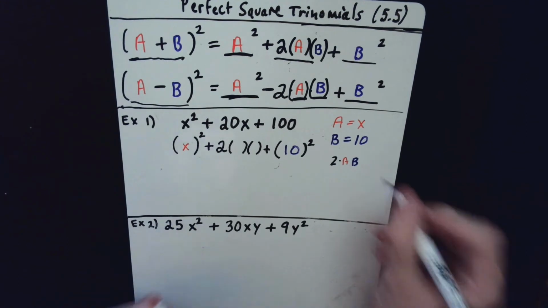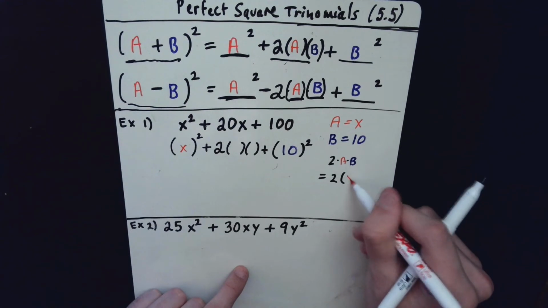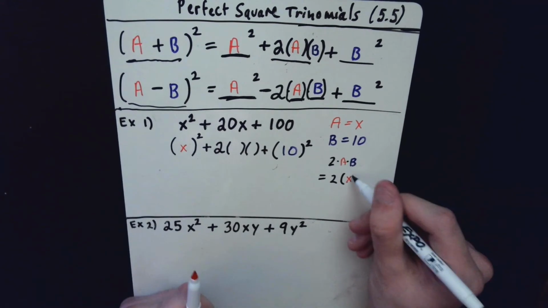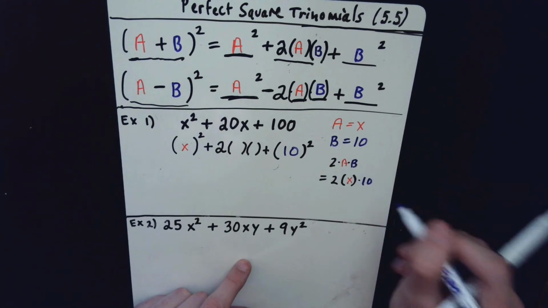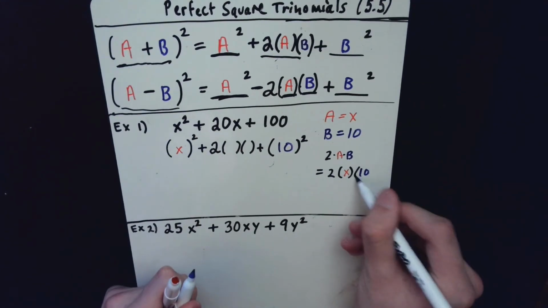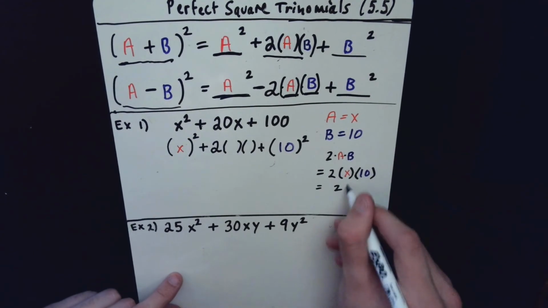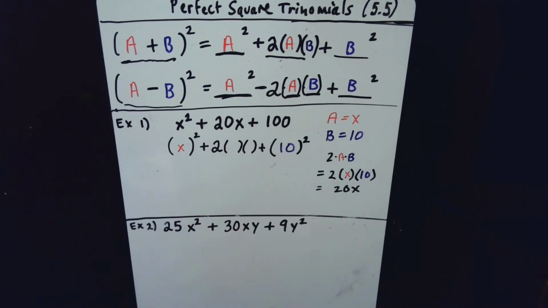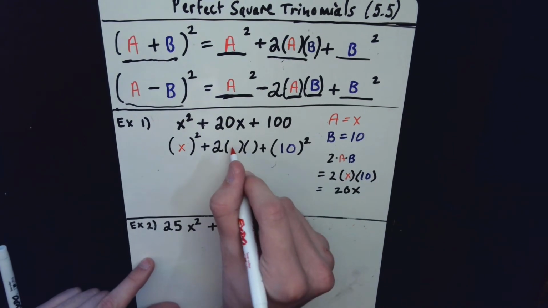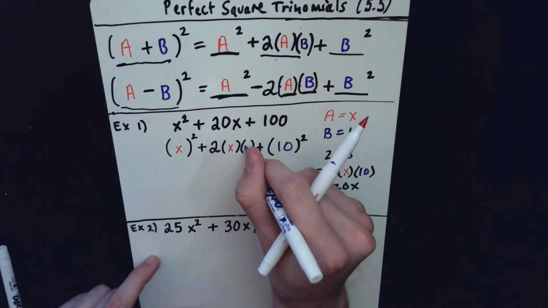So 2 times a times b is 2 times x times 10. Notice that if we multiply that all together, we end up getting 20x. That's exactly what we have in our original problem, so that's perfect. That does mean that this is a perfect square trinomial. So I'm going to write x, and I'm going to write 10.